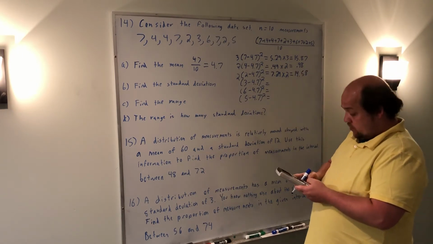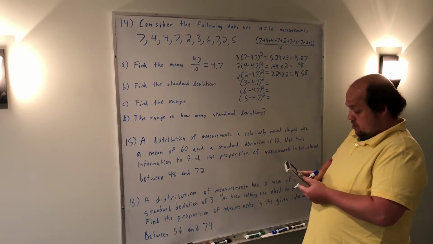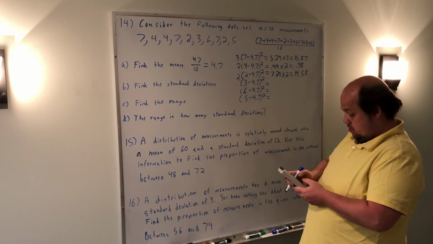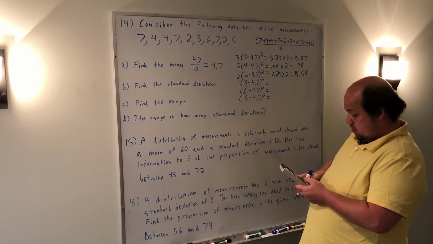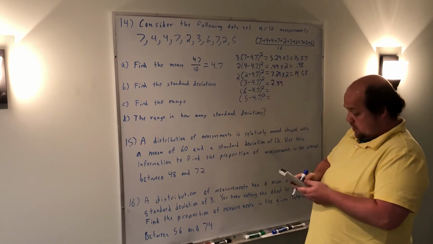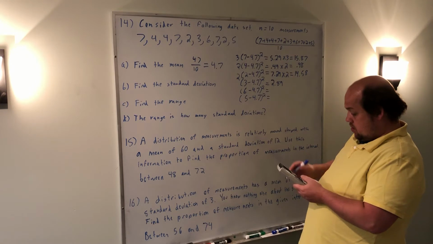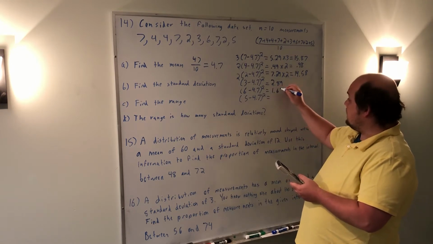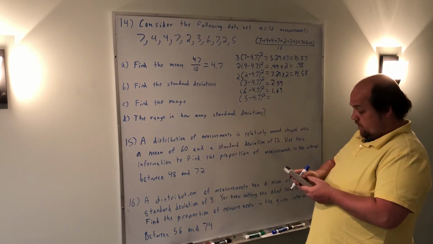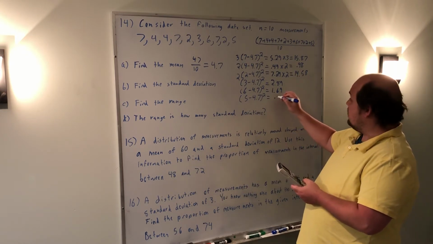Each of the next ones is only done once, so 3 minus 4.7 squared gives me 2.89. When I do 6 minus 4.7 squared, I get 1.69. And finally, when I do 5 minus 4.7 squared, I get 0.09.